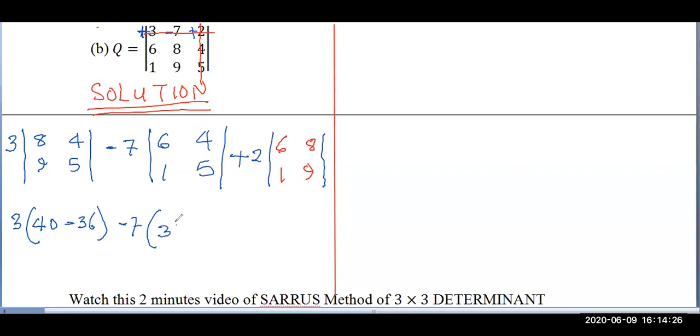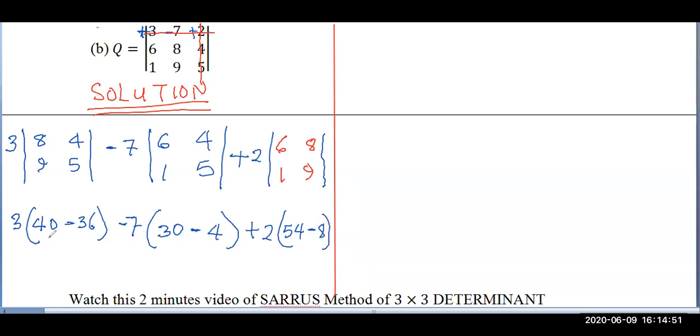Remember, a sign will lead before it takes off. Then this is off diagonal. 1 times 4 is 4, plus 2 into 6 times 9 is 54. Then minus 1 times 8 is 8.